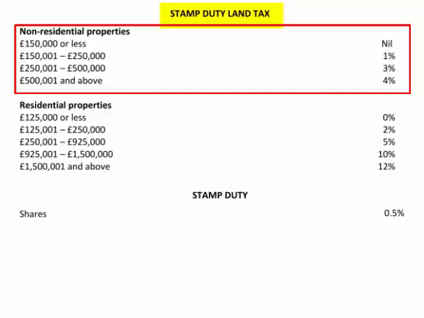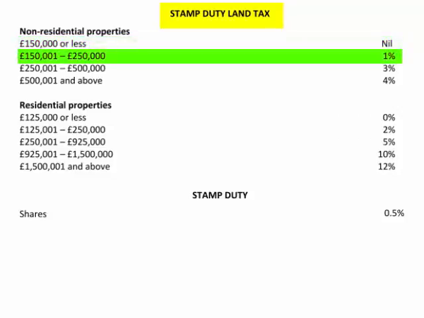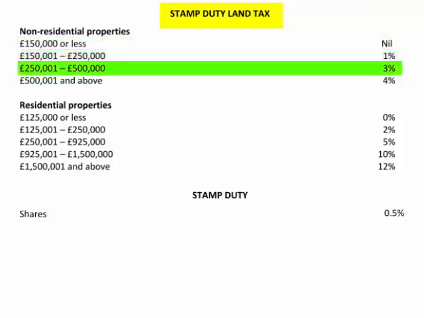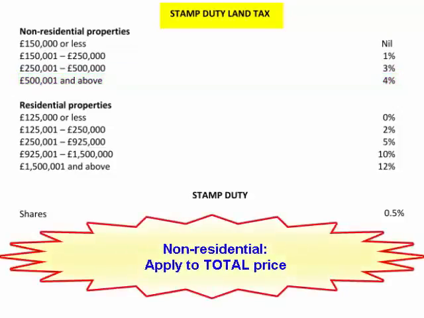Non-residential properties, we have no stamp duty land tax if the property costs £150,000 or less. And then after that, 1% between 150 and 250,000, then 3% up to 500,000, and then 4% above 500,000. And for non-residential properties, those percentages apply to the total value.